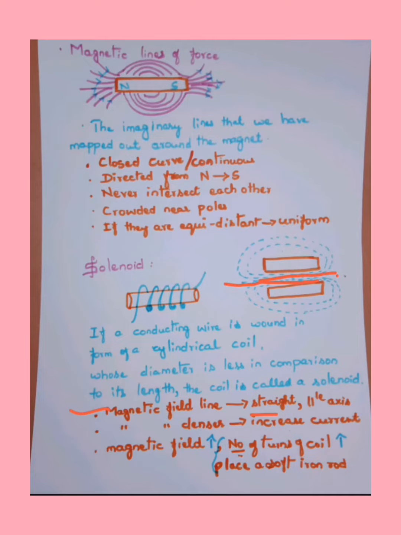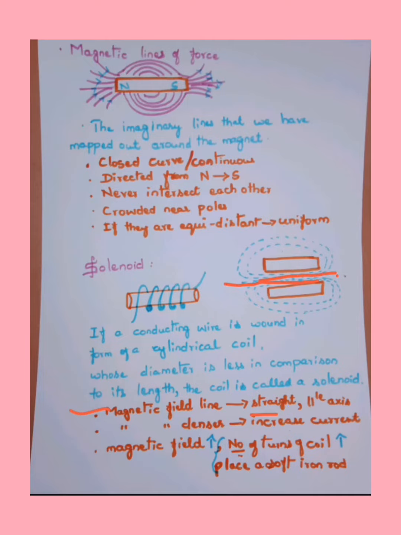Please concentrate. These magnetic field lines are denser when we increase the current in the solenoid. They can ask you how the density of the magnetic field lines could be increased in a solenoid. By increasing the current.